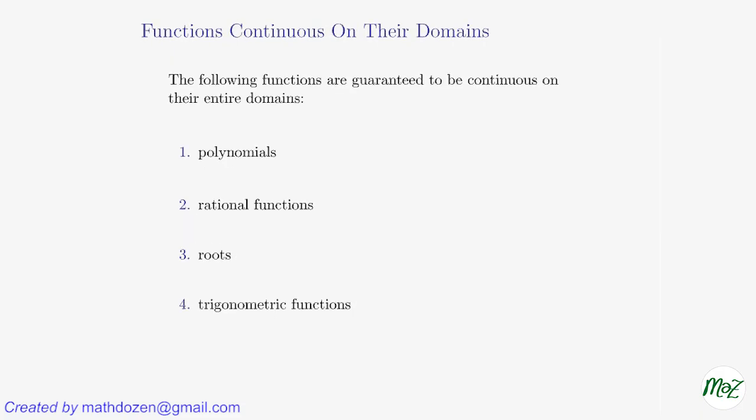Certain functions are guaranteed to be continuous on their entire domains. One of those functions are polynomials. Any polynomial is guaranteed to be continuous on its domain. Rational functions are also continuous on their domains.